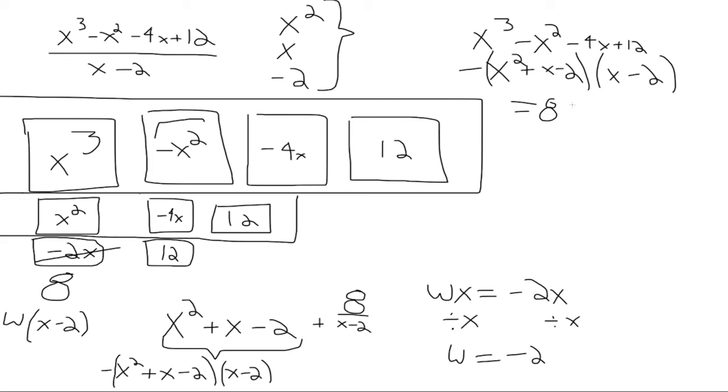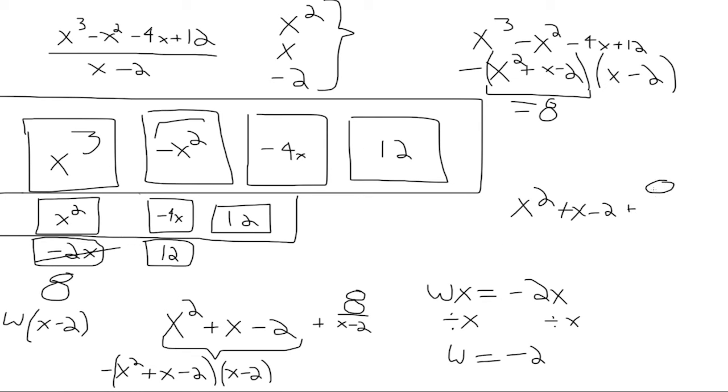That's what happened basically. So we found out that our answer is going to be x squared plus x minus 2, but there's a remainder of 8, because we couldn't get rid of that number, okay? So basically what we have to say is, our answer was x squared plus x minus 2, and that's getting rid of most of it, right?